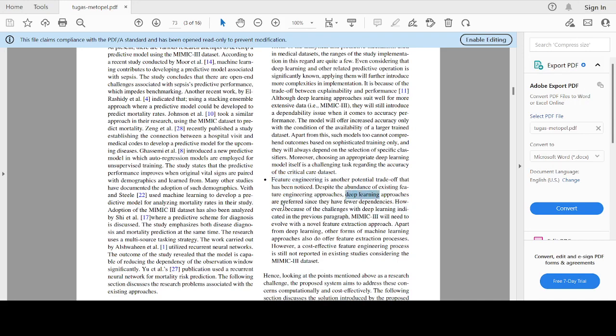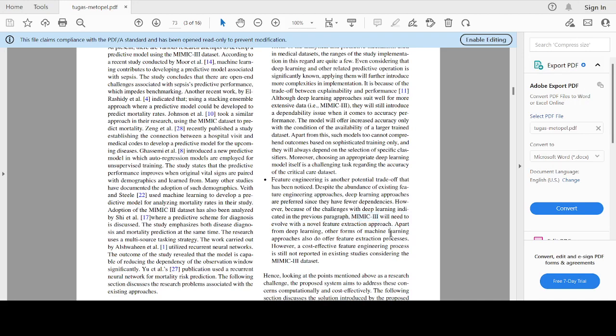Okay. However, because of the challenge with deep learning indicated in the previous paragraph, Mimic 3 will need to evolve with a novel feature extraction approach. Basically it said a modification is needed for Mimic 3.